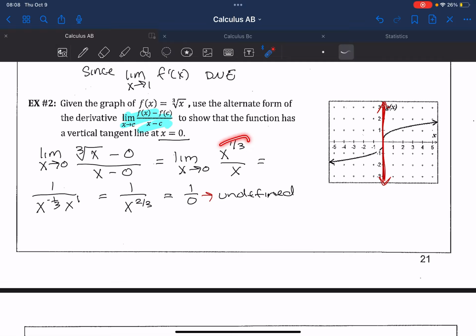We end up moving this cube root down and then combining the exponents. And when we plug in 0 as x approaches 0, we get 1 over 0, which is undefined. And remember, a vertical tangent line, as we see over here, indicates a vertical slope, and we know the slope of a vertical line is going to be undefined.